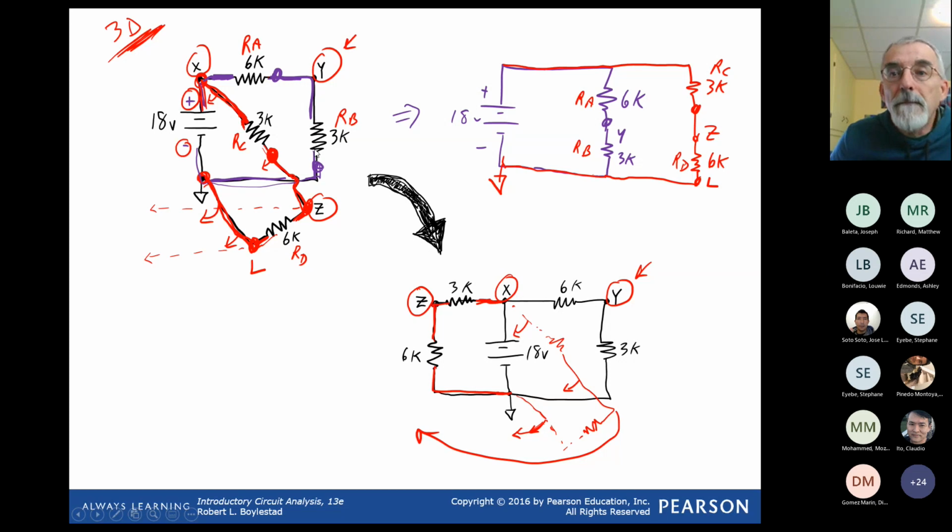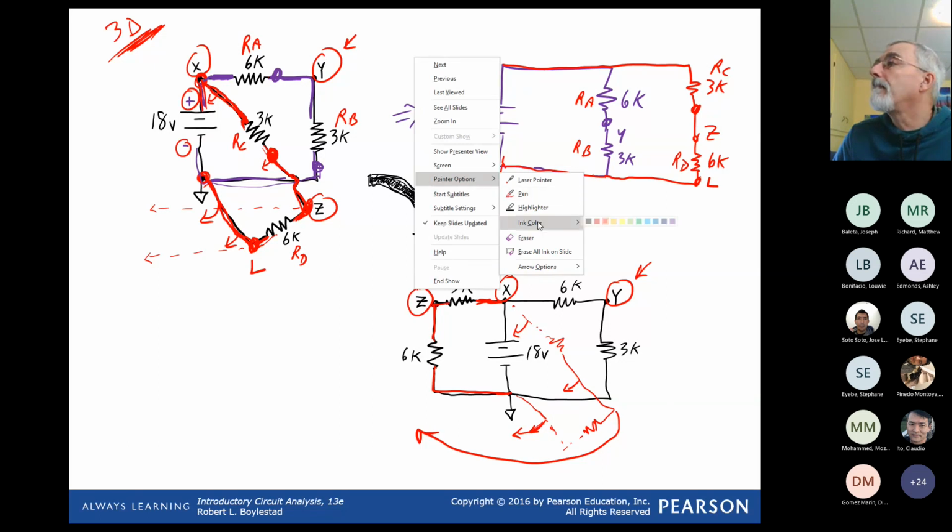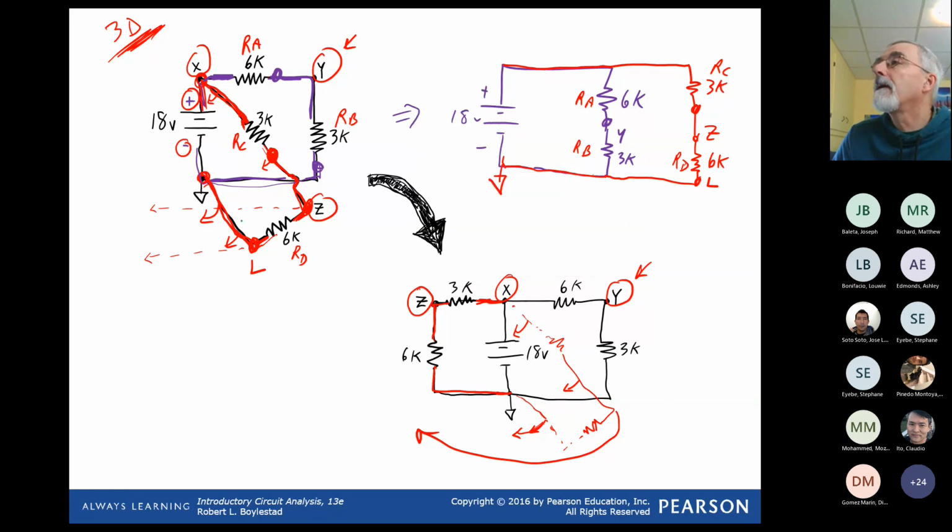Where is X? Good question. I'm going to use green to identify X. I did not show X. X connects to three things.